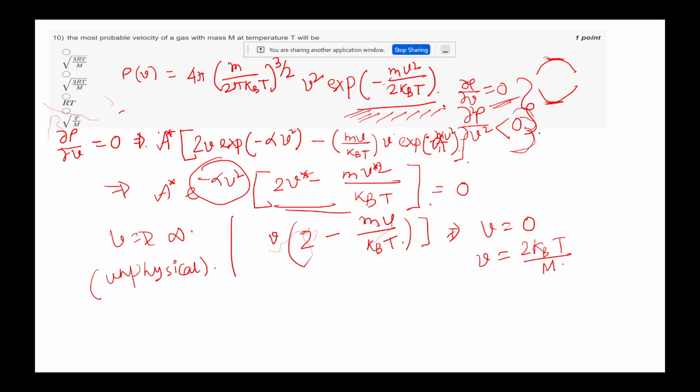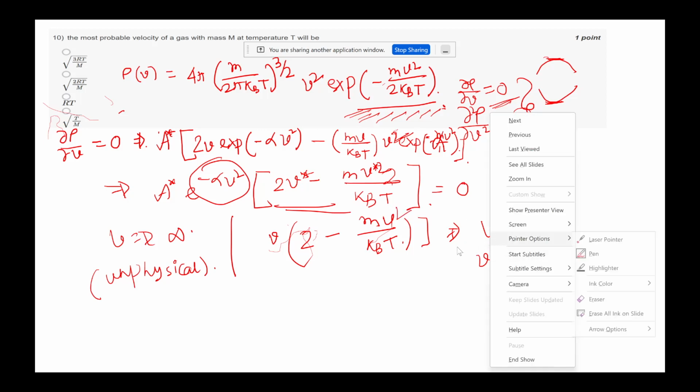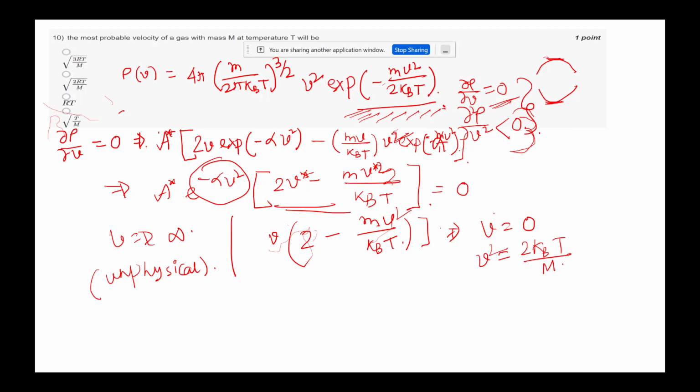Okay, I got it. This should be v square, right? Because this is the differential of this and v square is there, so this will be cube, and this is v square. I understand what you mean: keeping v square constant, you are differentiating this.